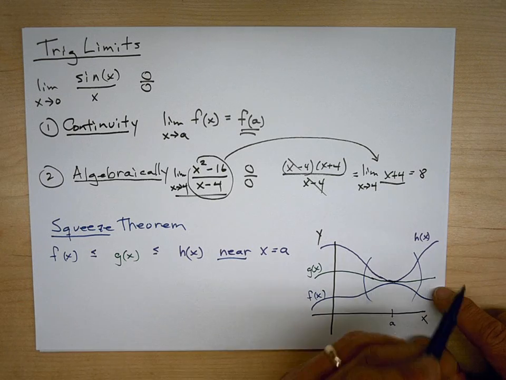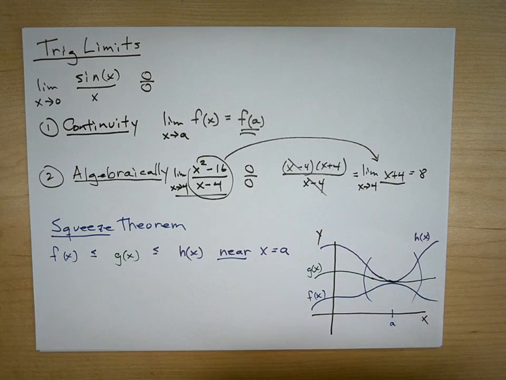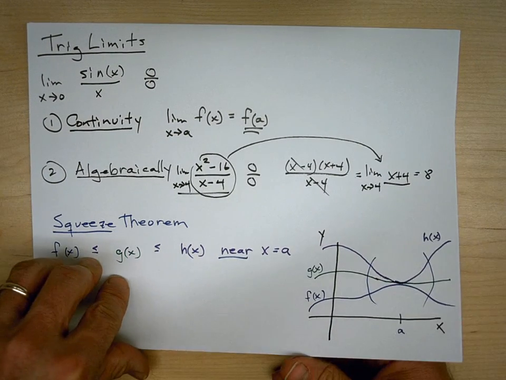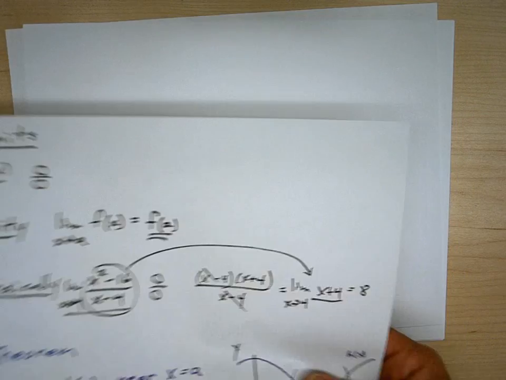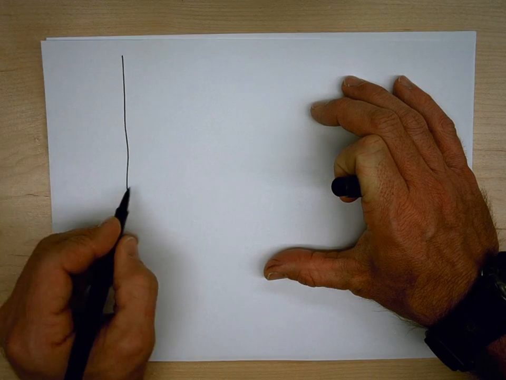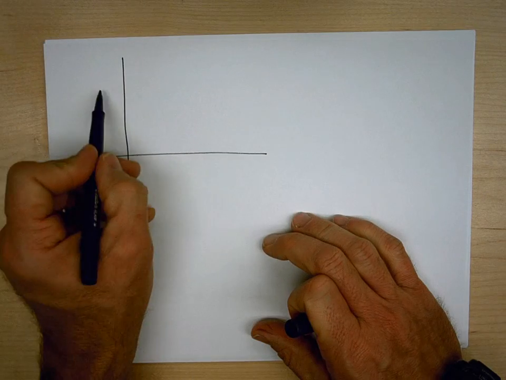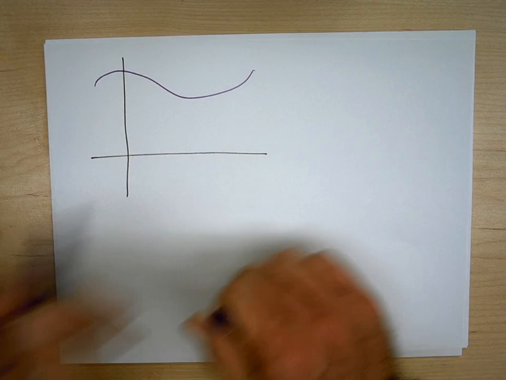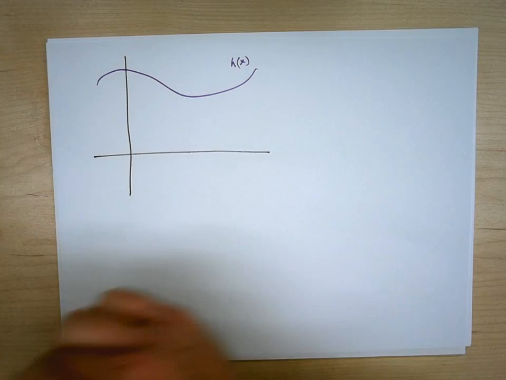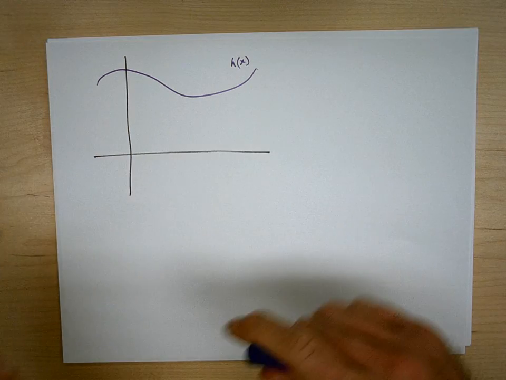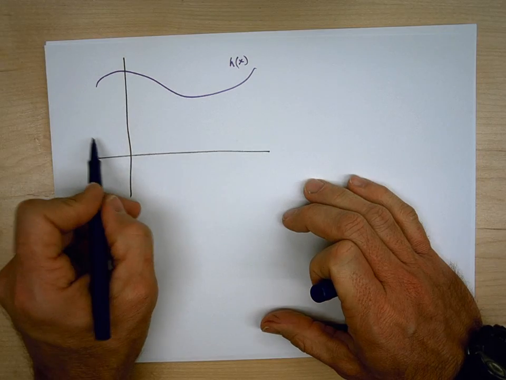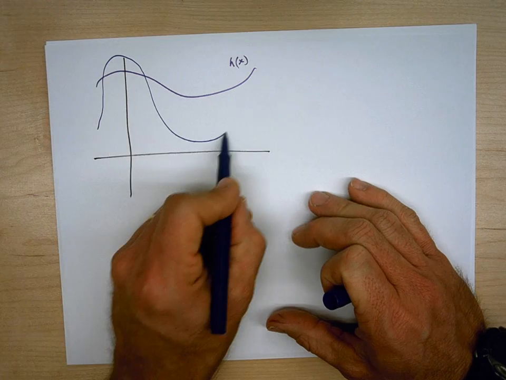And it wouldn't actually have to be like this, right? Let me just draw one other graph, because this is important for the Squeeze Theorem. So we could have something that looks like this. H was our one above, and F, we could even draw it that way, so it's something like this.